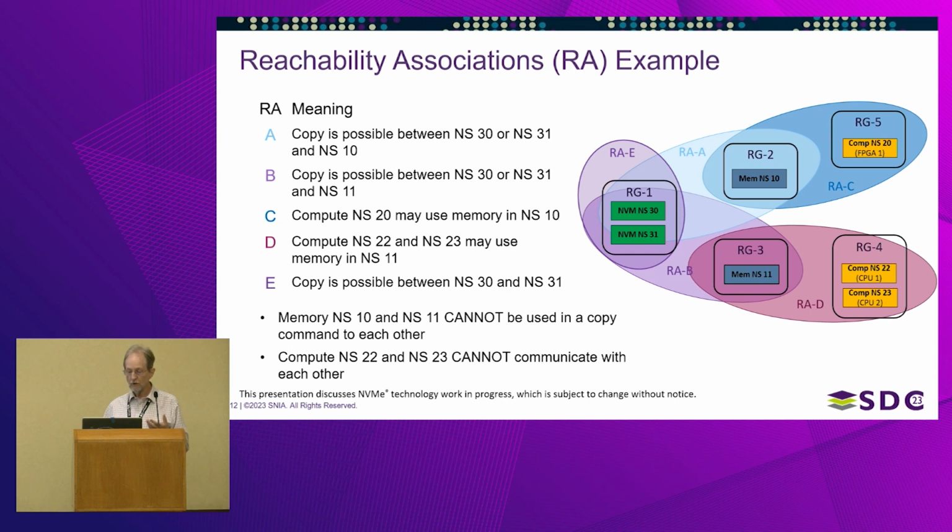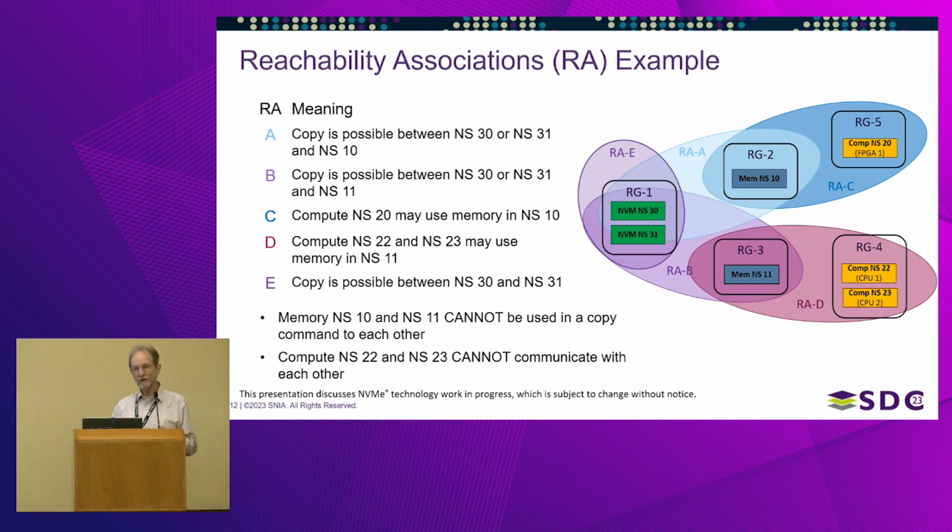Okay? That's where I want to come back to the concept of characteristics. So characteristics, for the copy command, there was a desire to define characteristics that said you can do a fast copy, which means there's some sort of hardware out there that is connecting these namespaces, and your copy should, in general, be faster than doing a read command followed by a write command from the host.